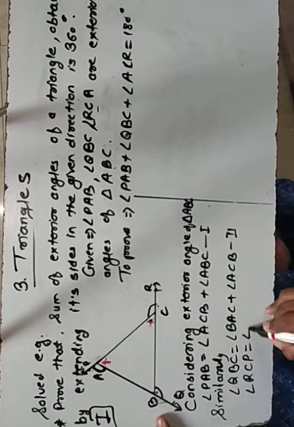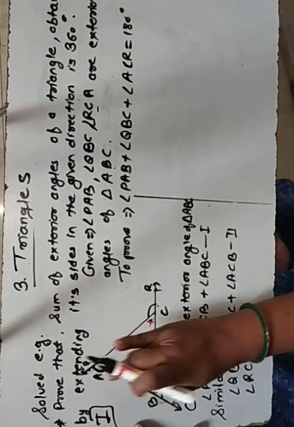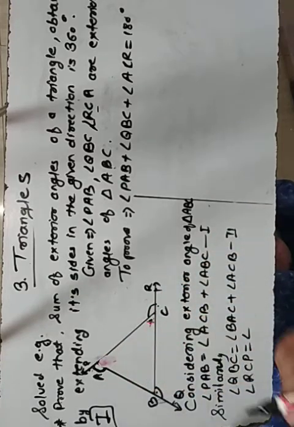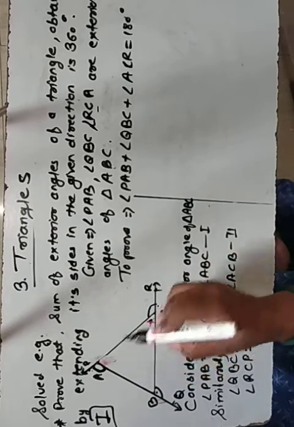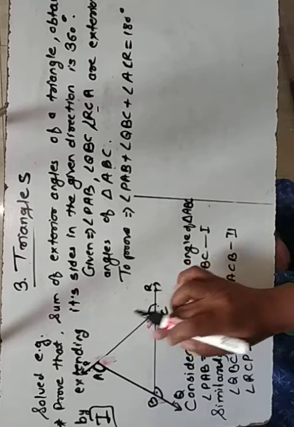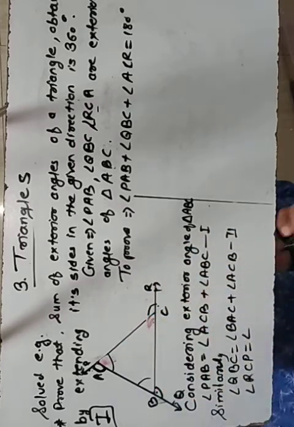Now the third angle is RCP. Now the exterior angle changes position. The exterior angle RCP is adjacent to an interior angle, and these are the two remote interior angles.